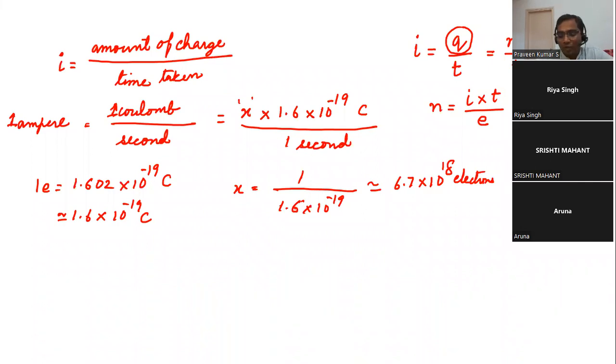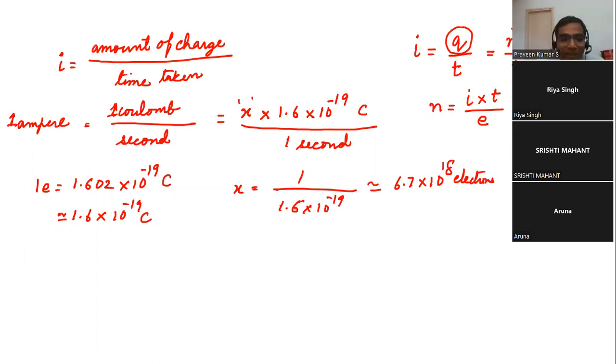So what I have done here is the same thing. This is the charge of one electron. This is the number of electrons that are there. You multiply these two, N and E. E is the charge of one electron, N is the number of electrons. You multiply those two, you will get the total charge. So that is what is written in the numerator.